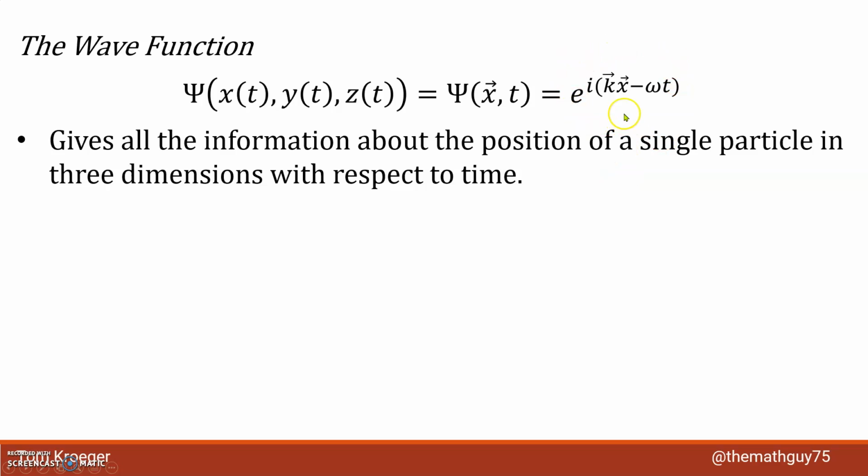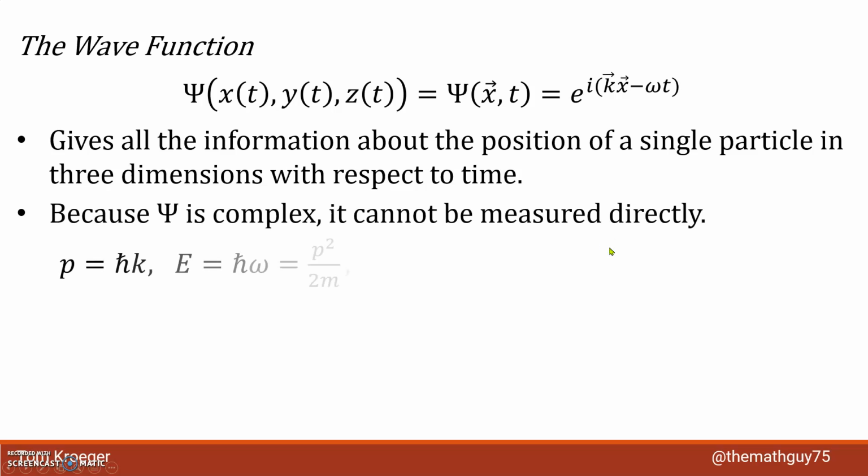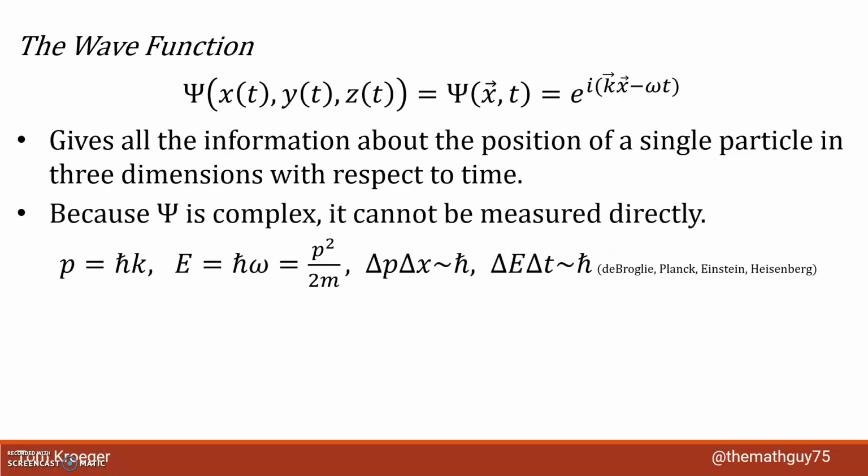It is an exponential with an i, and k represents the wave number, as it's called. x is position, omega is related to the wavelength and angular momentum, and t is time. But the problem is, because psi is complex, it can't be measured directly. It's not something you can go and say, oh, I can measure this. No, they need to use different relationships of energy, momentum, and all the other parts that they can measure in order to build the equation for psi.